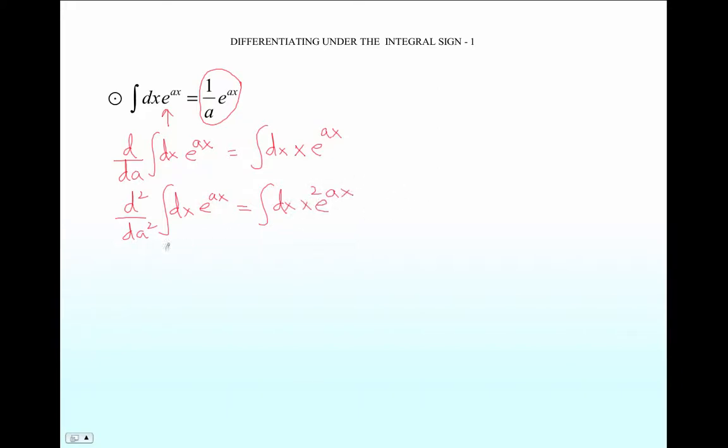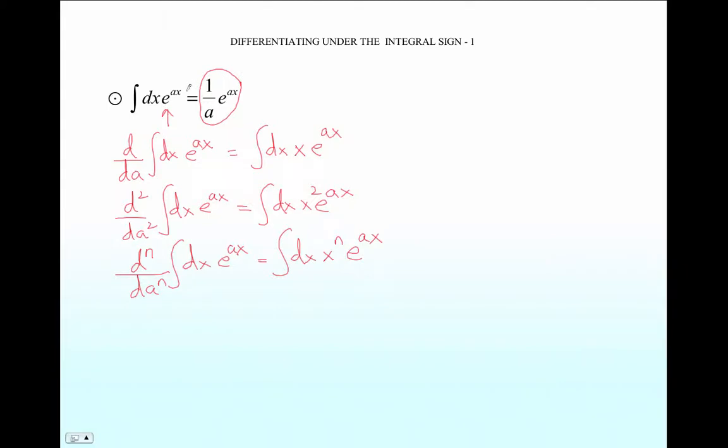And obviously if I keep doing this, let's say I take the nth derivative with respect to a, this is then going to give me the integral of x to the power n e to the ax. But now let's look at this side.